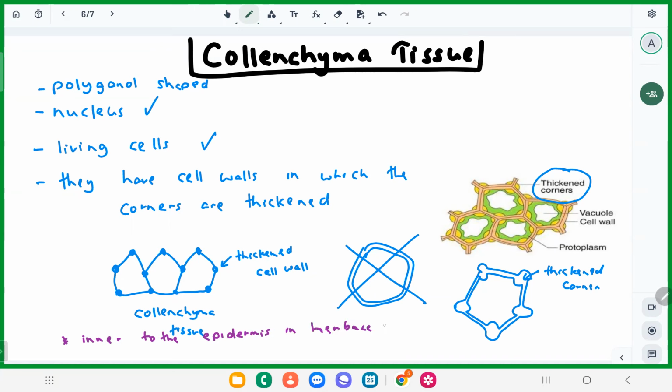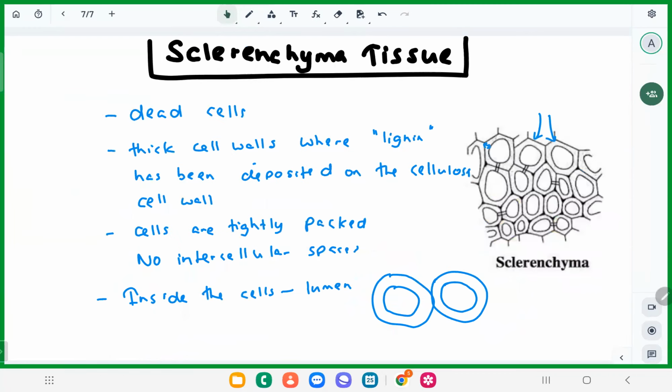And in addition to that, it is also found in the veins of leaves. So all of you have seen the veins of leaves, right? The veins that run across the leaves. So that contains collenchyma tissue. And the main function of collenchyma tissue is to provide support. In addition to that, it also does photosynthesis in some cases. All right, so I hope all of you got a good understanding of these three simple permanent tissues. That's all regarding this.